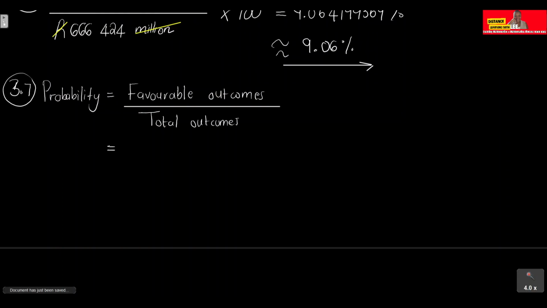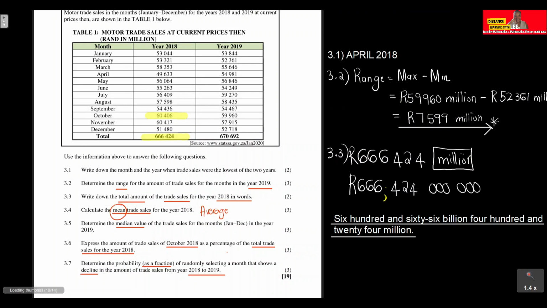So you want the months where there was a decline in the trade sales, divided by the total outcomes. How many months do we have? We've got 12 months. So that is our starting point, that is our foundation. The next thing we need to do is determine the favorable outcomes. What are the months that represent a decline when you move from 2018 to 2019? There has to be an amount less in 2019.